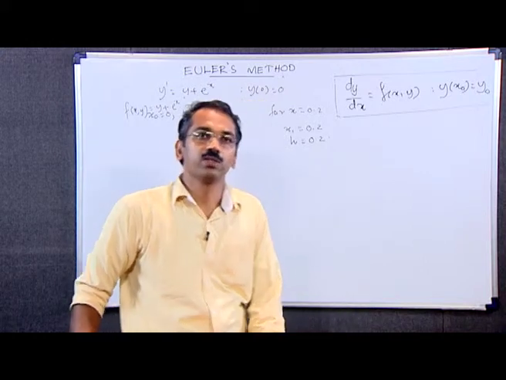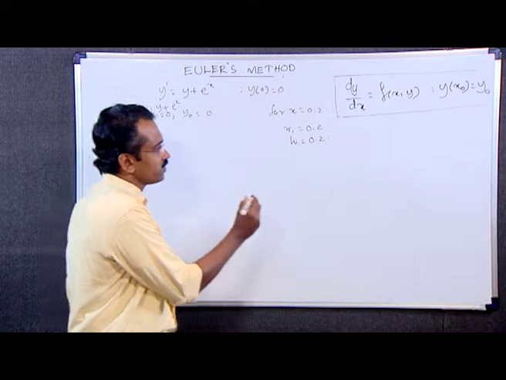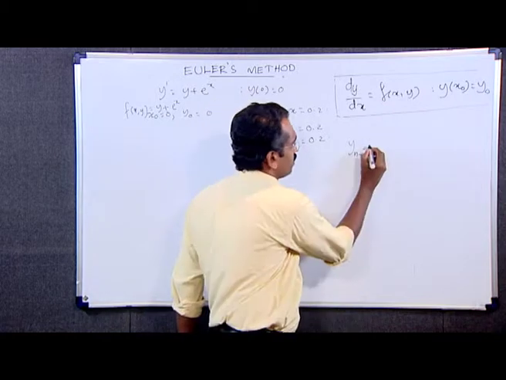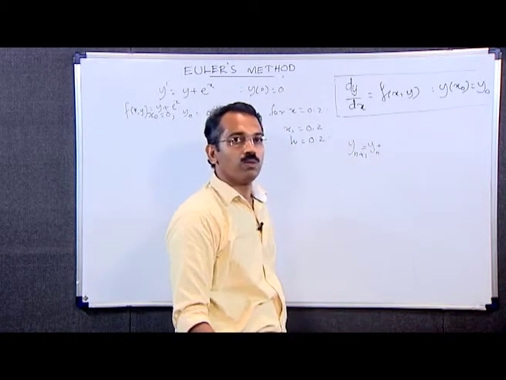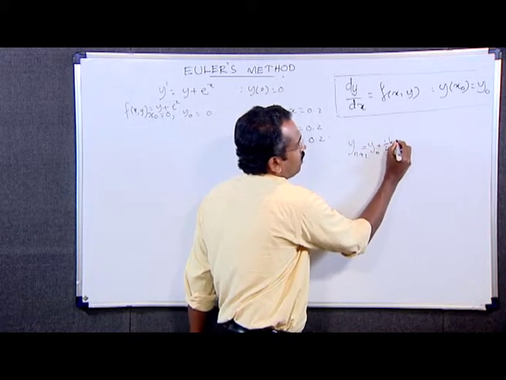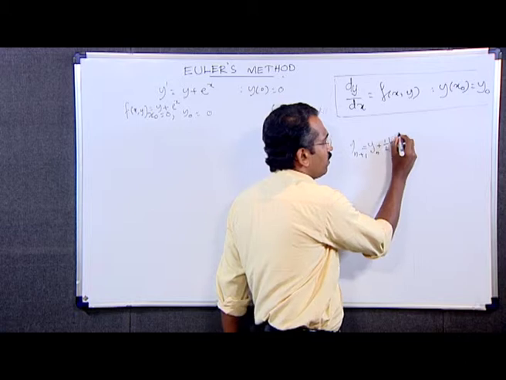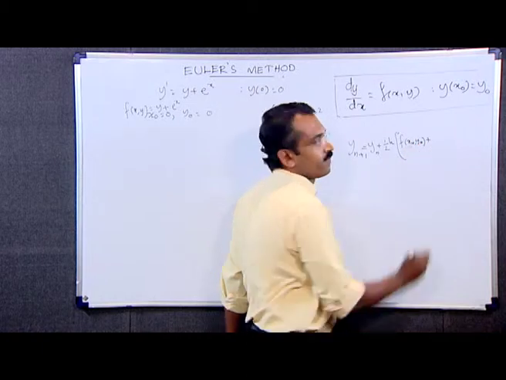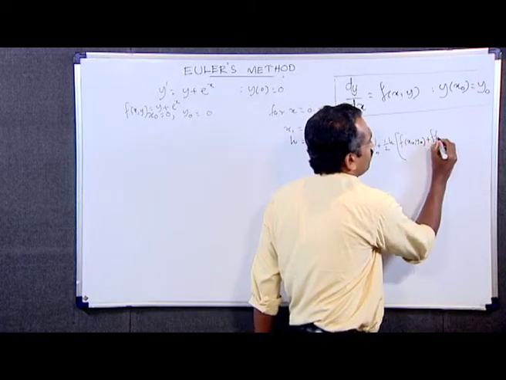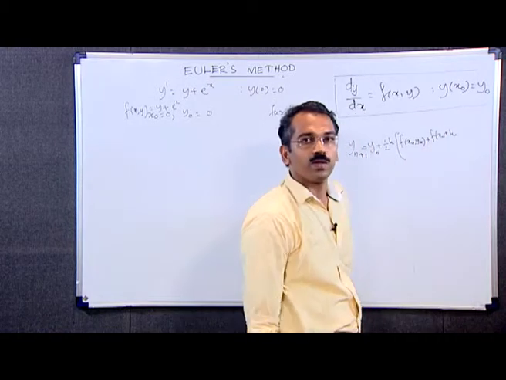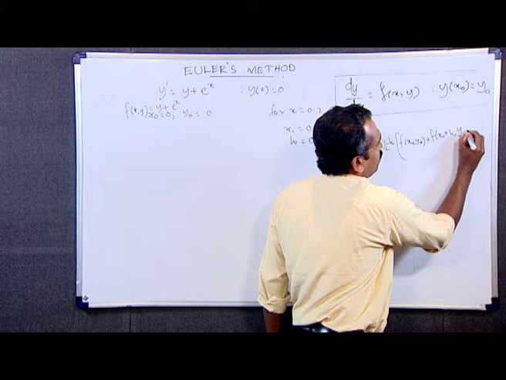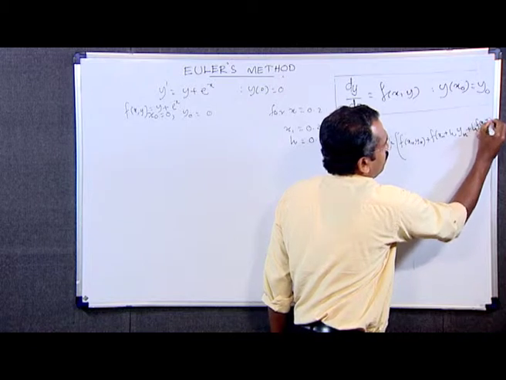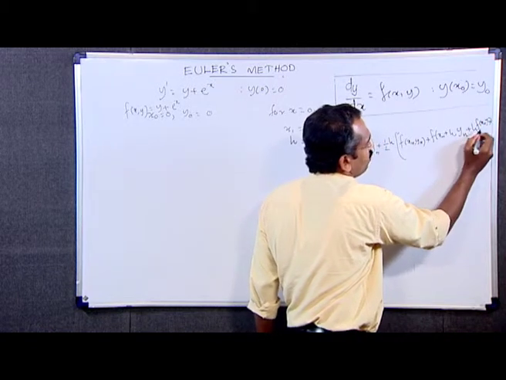By modified Euler's method, the general formula is yn plus 1 is equal to yn plus 1 by 2 into h into f of xn, yn plus f of xn plus h, comma yn plus h into f of xn, yn.